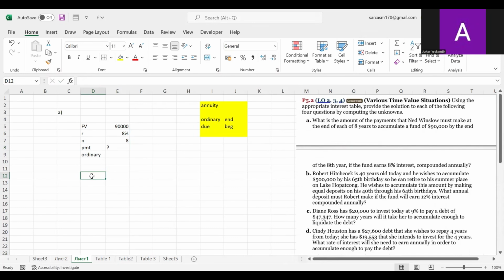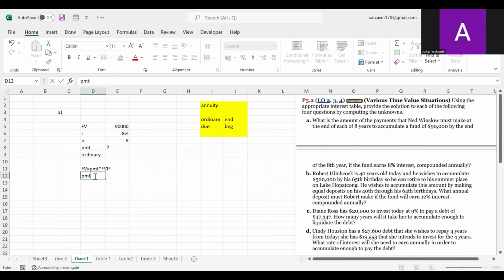We have a formula for that: future value equals payment multiplied by future value interest factor. So from here, we can derive payment.